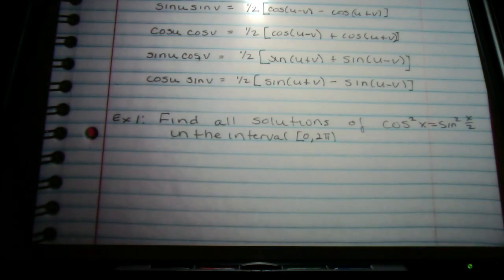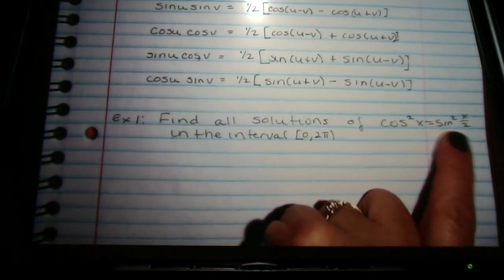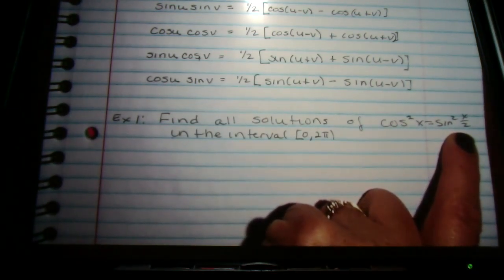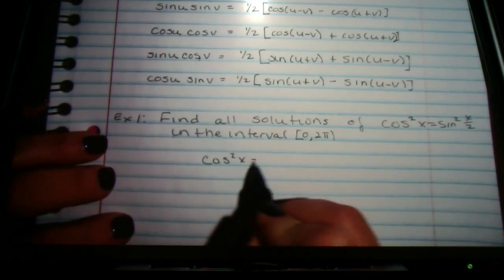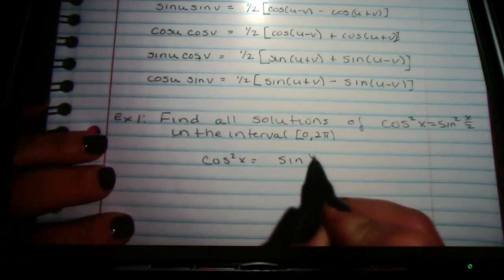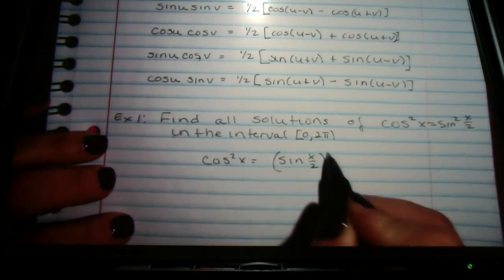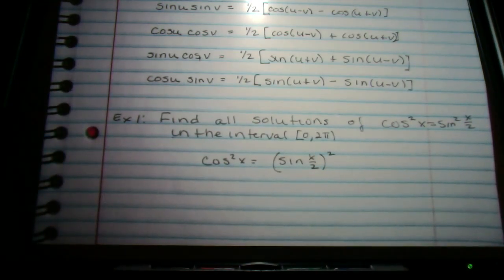So what do you think? Well, yesterday, didn't we have half angle formulas? All right, so this is cosine squared of x equals sine of x over 2 quantity squared. Does that mean the same thing? Yes.